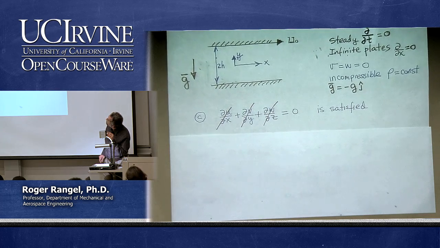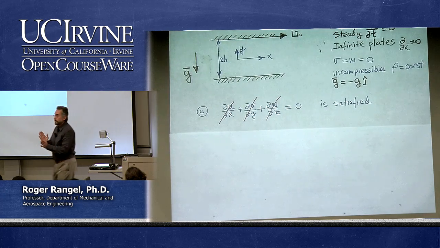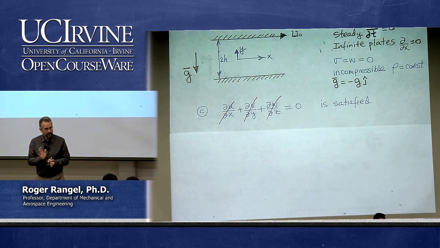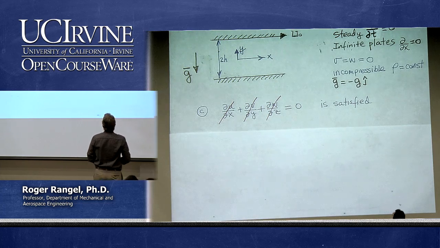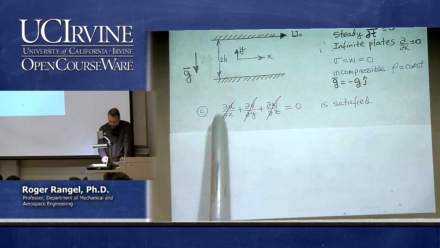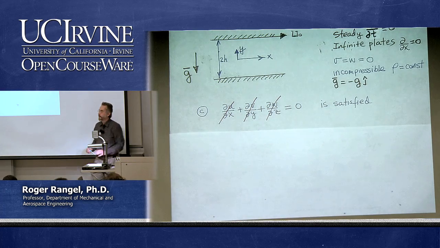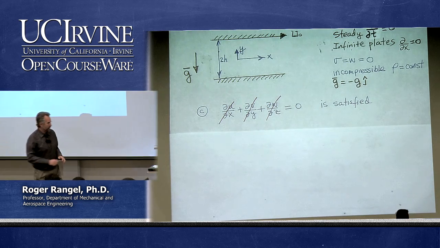Remember, what's the continuity equation if the flow is incompressible? Divergence of v equals 0. So the divergence of velocity is partial u partial x plus partial v partial y plus partial w partial z, and that is equal to 0.